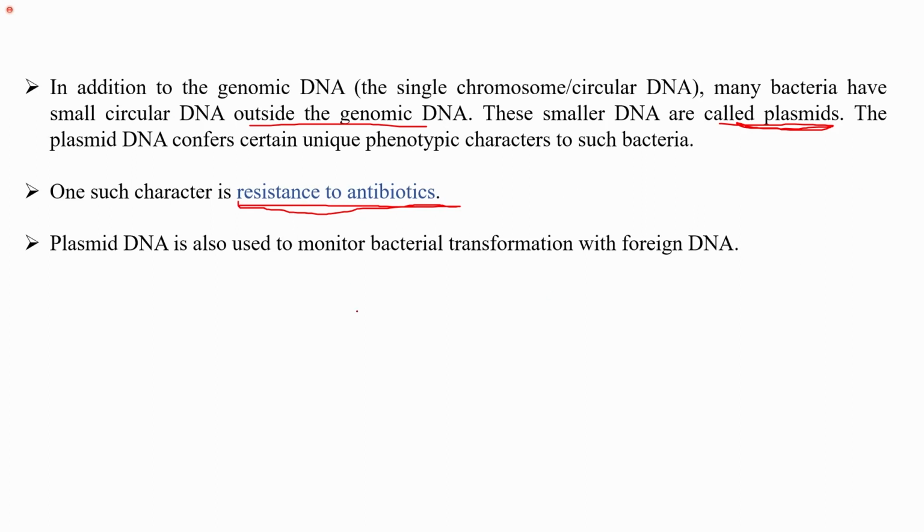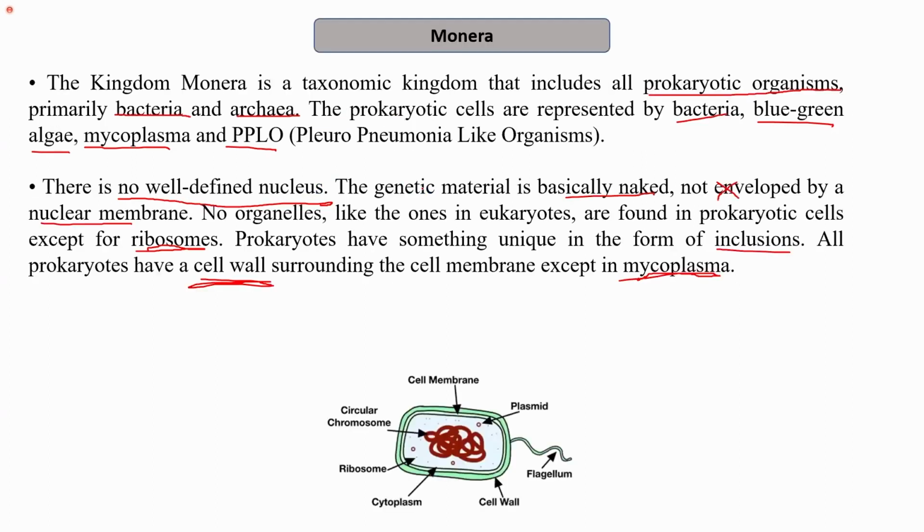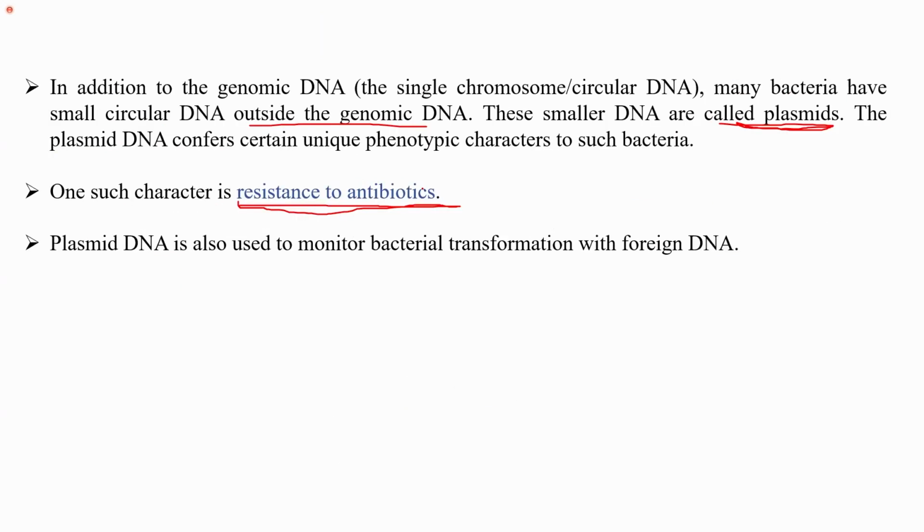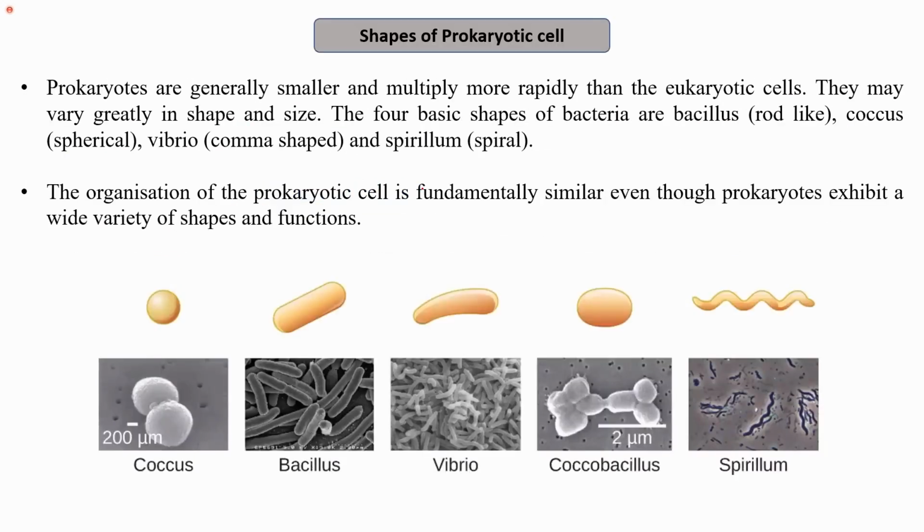These plasmids may provide resistance to certain antibiotics as they carry the antibiotic resistance gene. Therefore, they provide unique ability to the bacteria for survival, one of which is resistance to antibiotics. So this was about the basics of the kingdom Monera, that includes mainly the bacteria and archaebacteria.